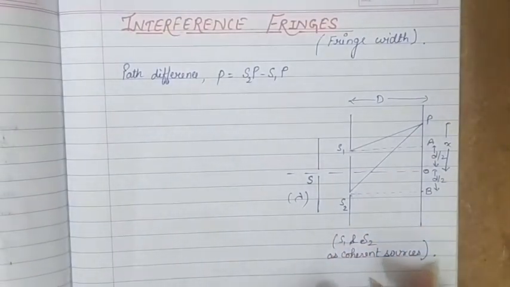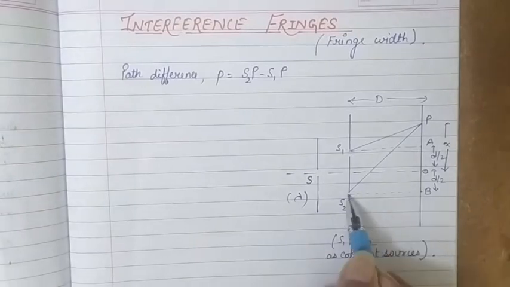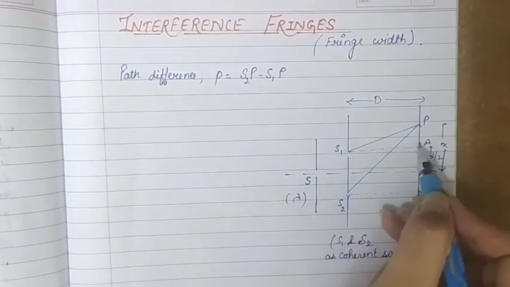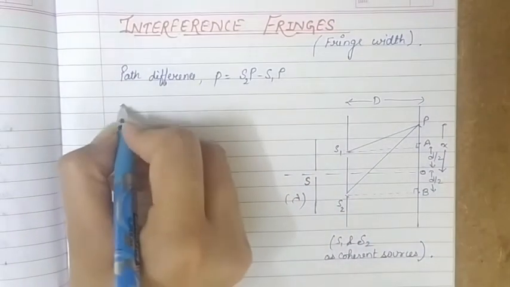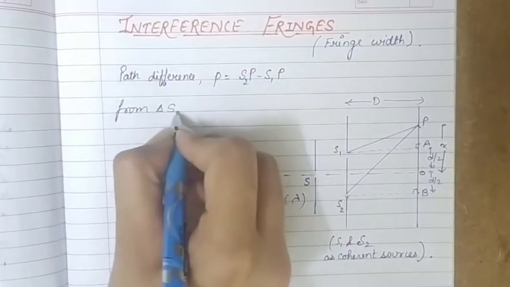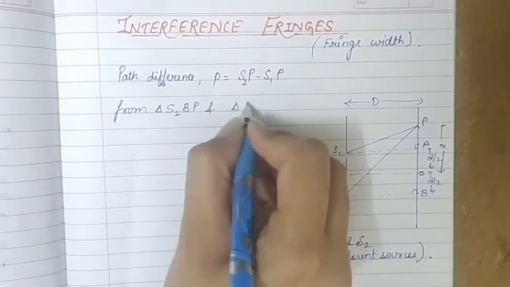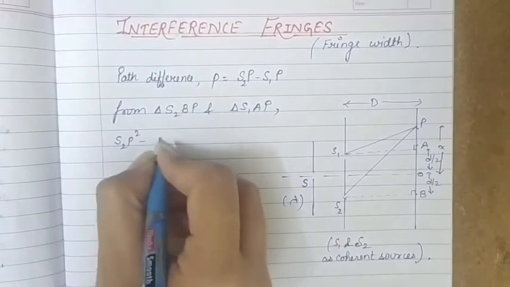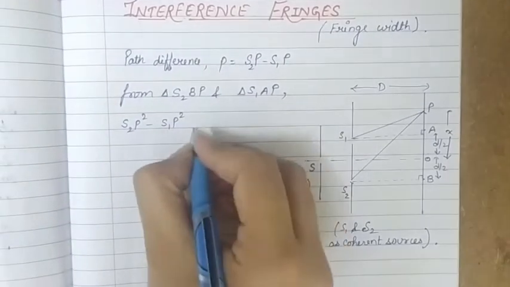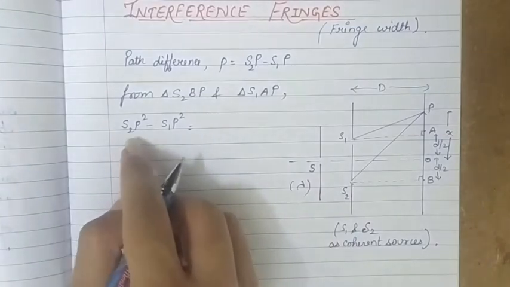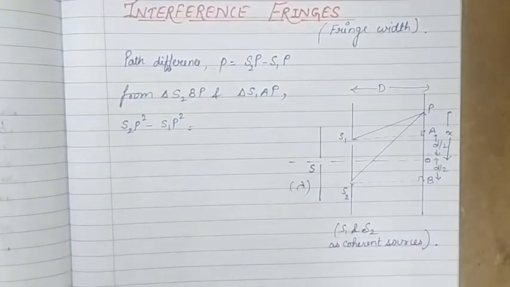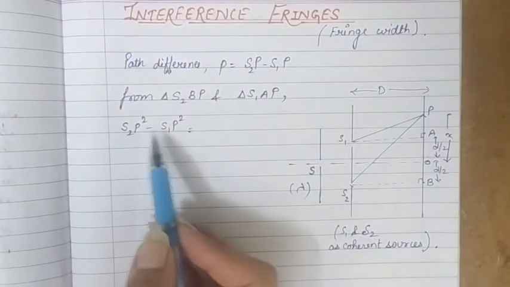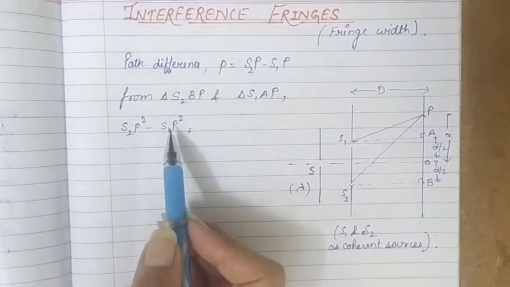So first of all, from the right angle triangles S2BP and S1AP, we are using these right angle triangles, and from triangle S2BP and triangle S1AP we have S2P square minus S1P square equal to, we are applying the a square minus b square identity here, and along with that we are also applying the values of S2P and S1P by using the Pythagoras theorem.